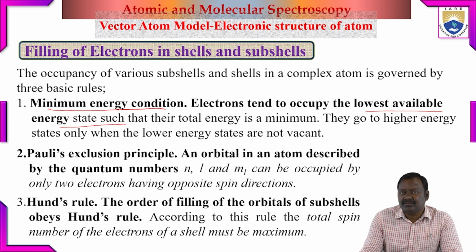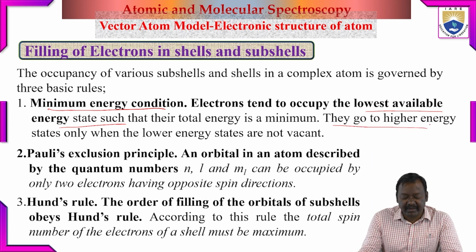If there are a certain number of electrons, all of them try to occupy the lowest available energy states. They go to higher energy states only when the lower energy states are not vacant. So first they fill the lowest energy states.